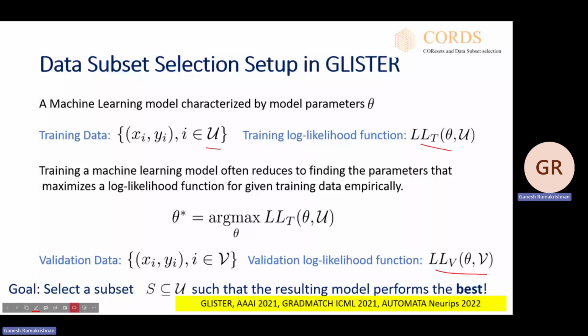You should get 10x faster training without compromising accuracy. So we did this, and we have several papers on this. Not just this, we also do gradient matching. Instead of just doing the first order approximation, you find a subset whose gradient or sum of gradients matches the gradient on the entire validation set. You can look at our papers in this space.